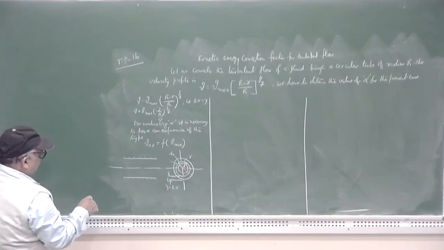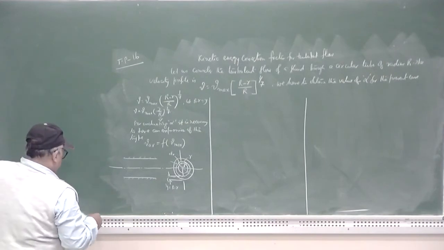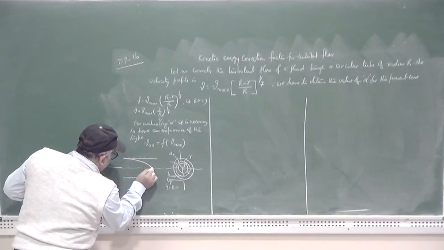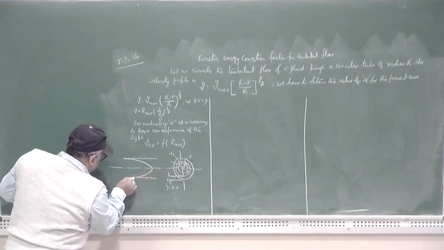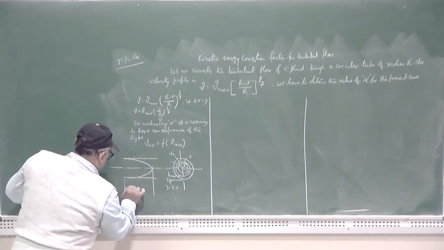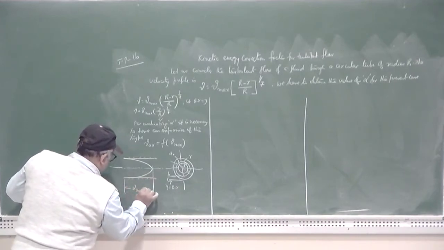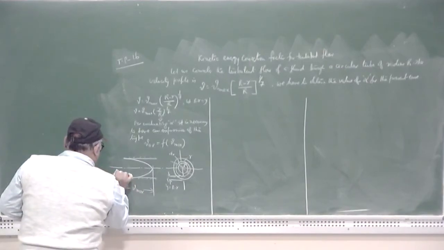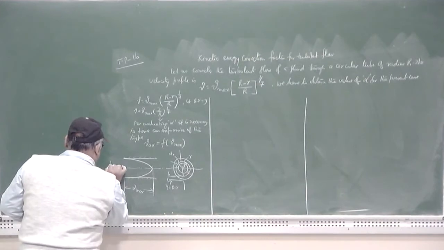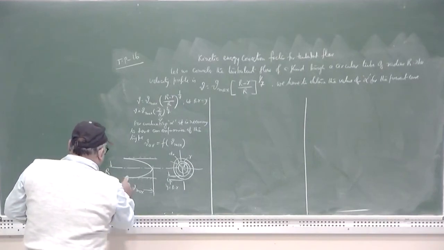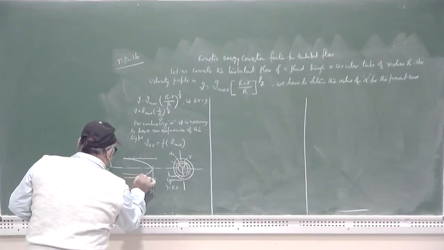So, taking the plan view for having the flavor of the velocity profile, since this is a turbulent velocity profile, this is the V max. This distance is R. At a distance y from here, I am taking a strip here.